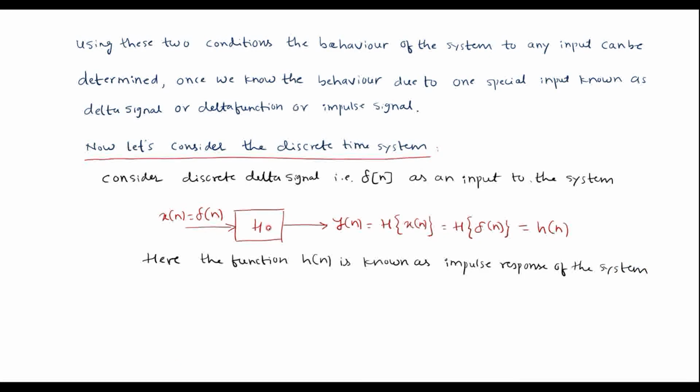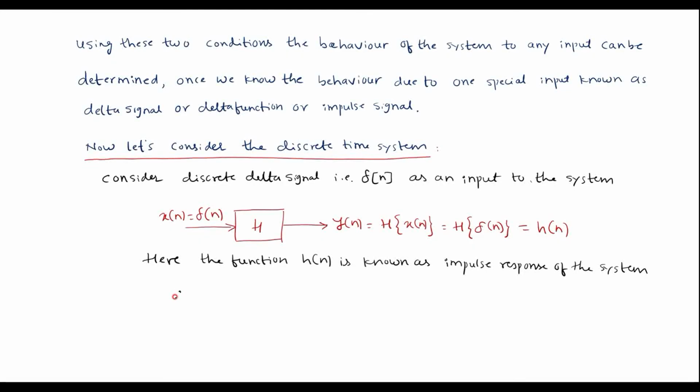Thus, if we give the impulse signal delta of n to the system, we will get the output as h of n. That h of n is known as impulse response of the system, because it is the response of the system when the input signal is impulse signal delta of n.